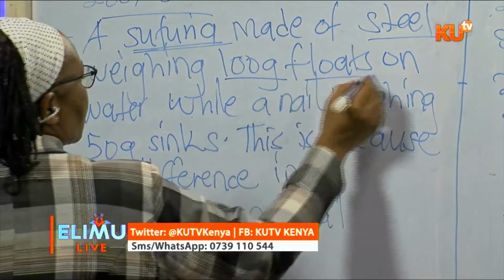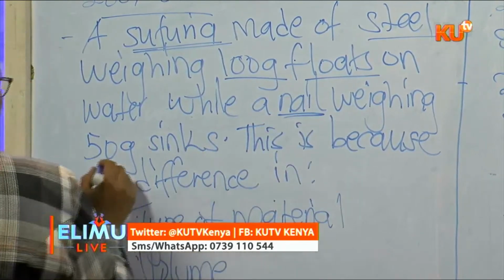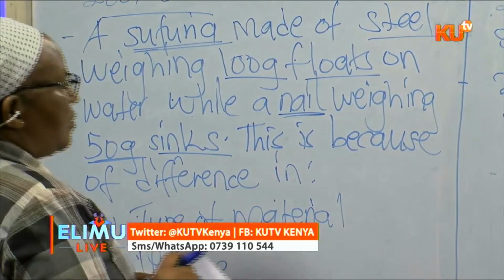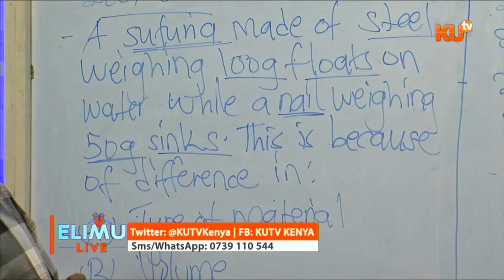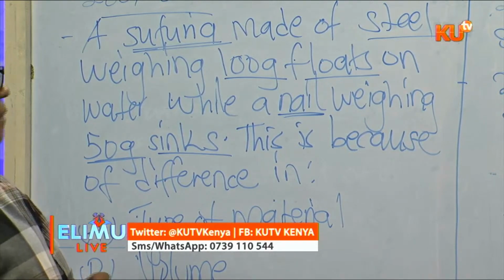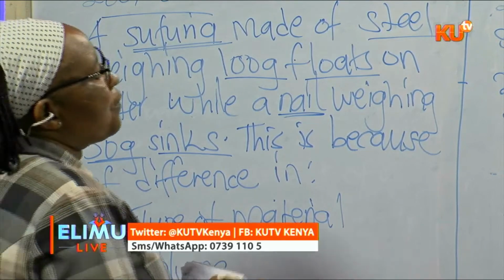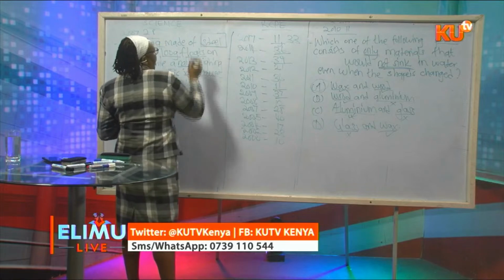It floats on water, while a nail weighing 50 grams will sink. Now, these items, the sufuria and the nail, are both made of metals. The sufuria is made of steel.